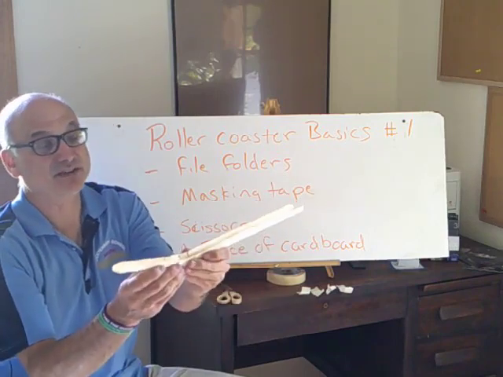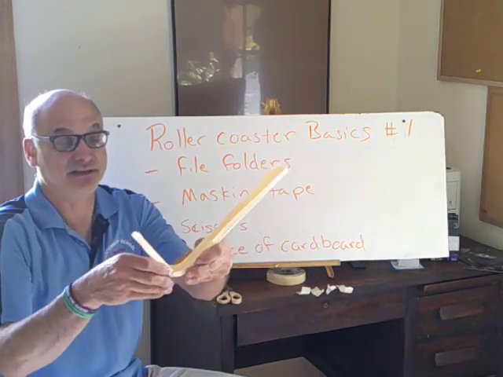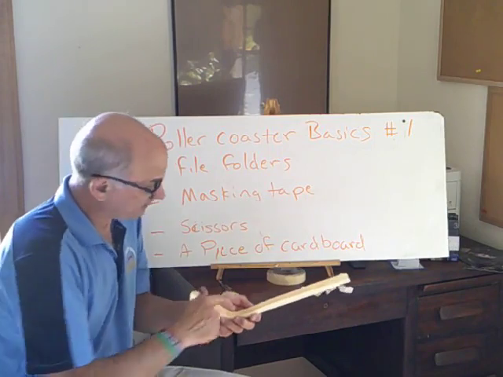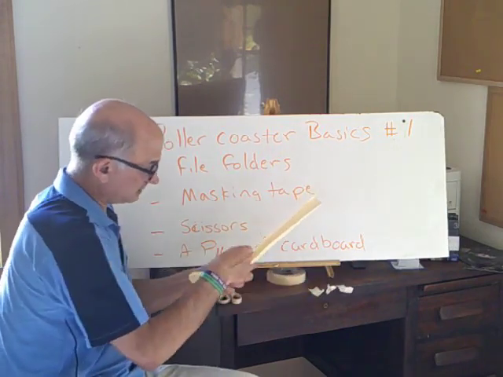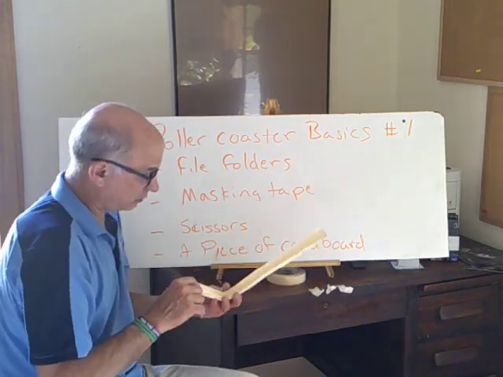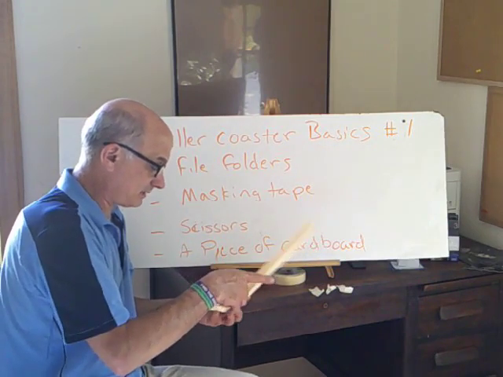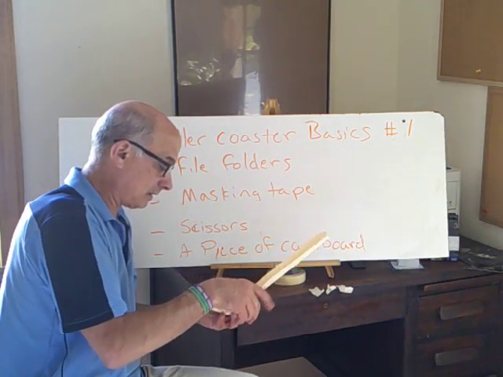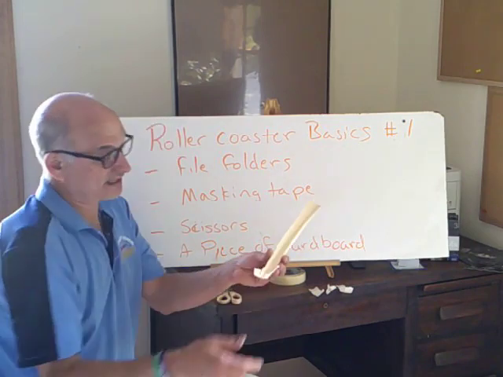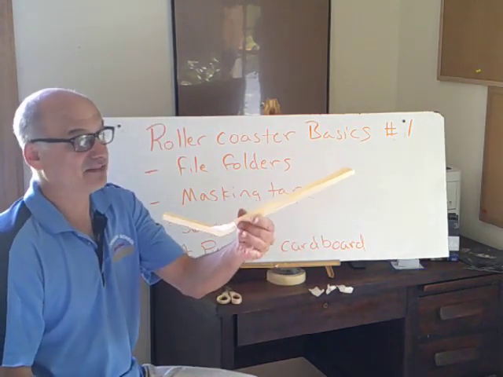And when I cut the rail, now I can tilt it. And then I would take my tape, and I would tape it in here. Once I get it to where I want it to go, then I can tape it in here. And then it holds. So now I've got a hill.